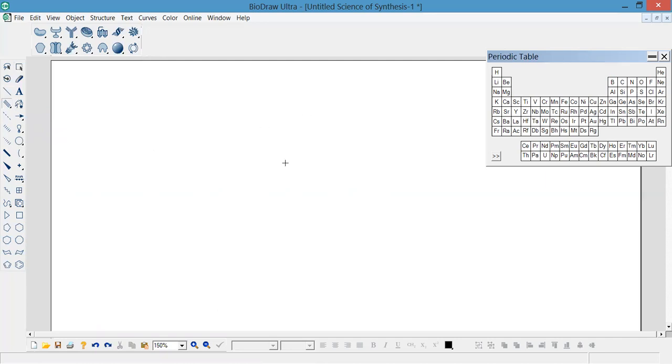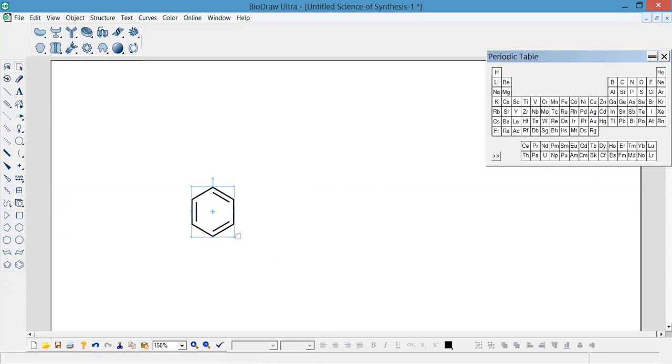Now we will start with the drawing of certain important structures. For example, first we will draw the structure of aspirin, that is acetyl salicylic acid. Now take this, that is the benzene ring.